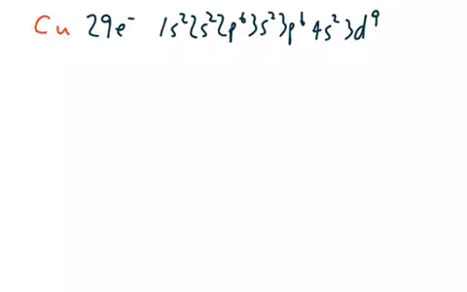Those are your 29 electrons. The shortcut, or the noble gas configuration for copper, would use argon for the first 18 electrons, and then you're going to put 4s2 3d9.